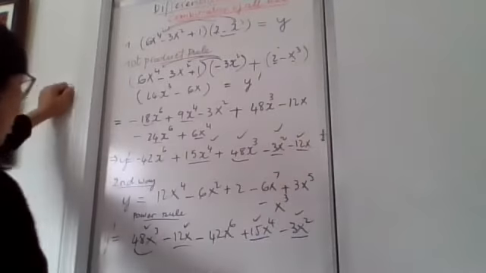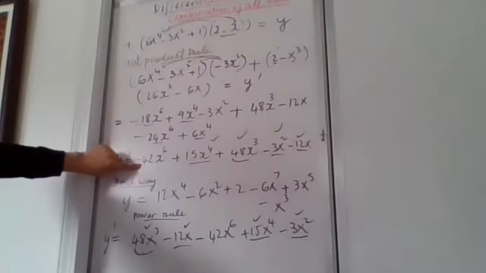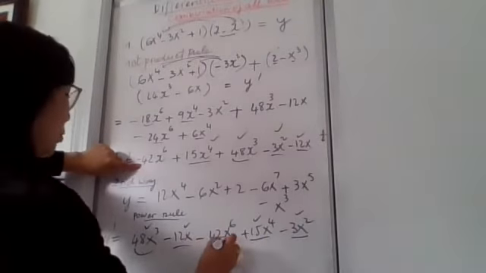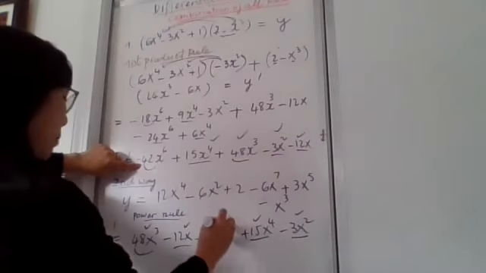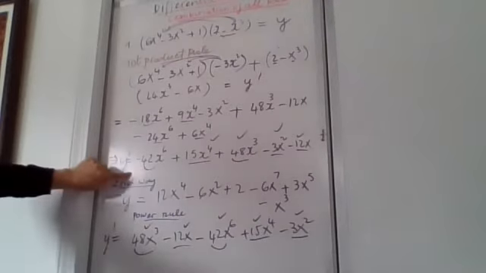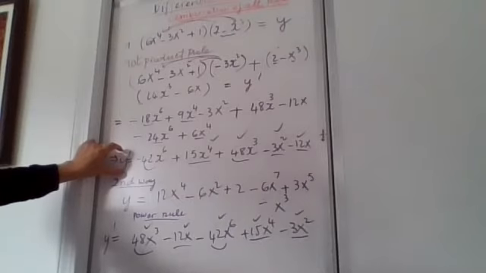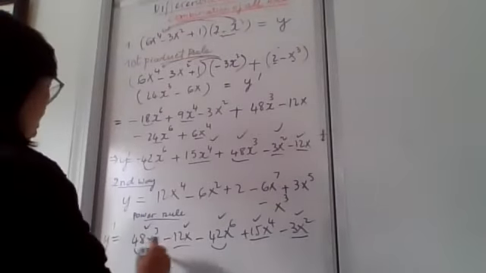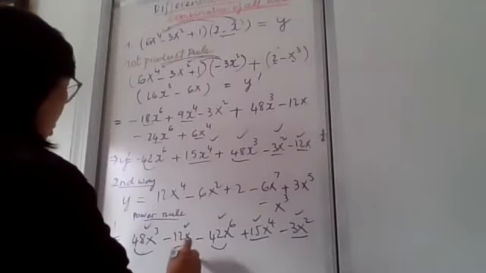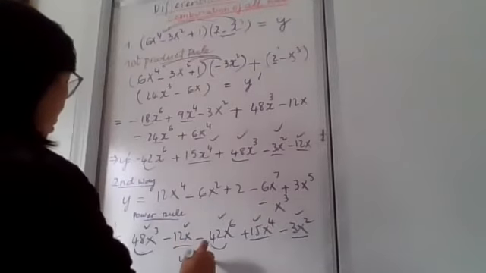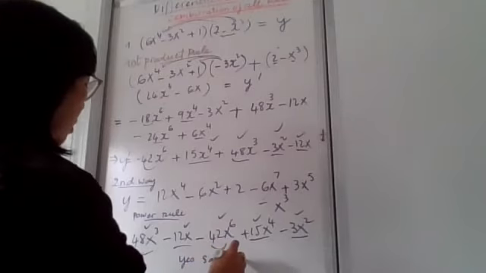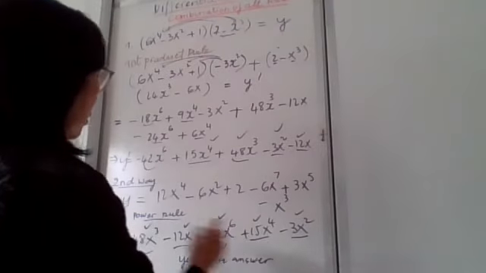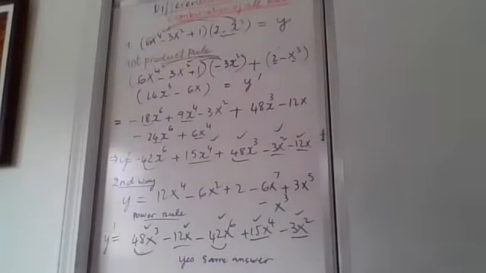Same. Minus 42x to the power 6, minus 42x to the power 6. So you see that whether we do the first way or the second way, we end up with the same answer, right? So that's the two ways of doing it.